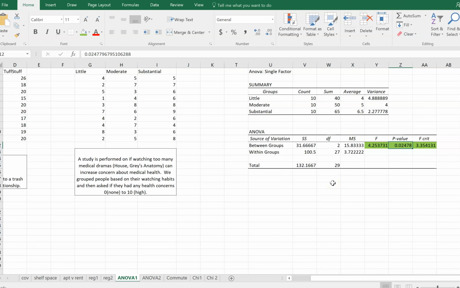Now, we're done. But as a good professor, I want to state, where did the F value come from? The F value came from measuring the ratio of these two numbers. All right, I want to make that clear. The F statistic comes from these two ratios. And this ratio was more than the critical value.